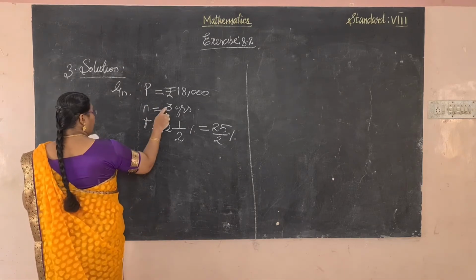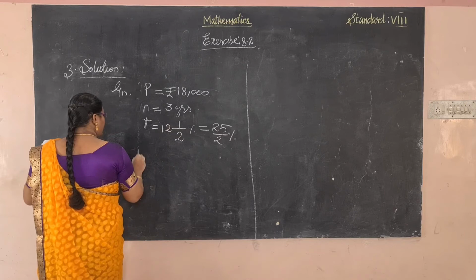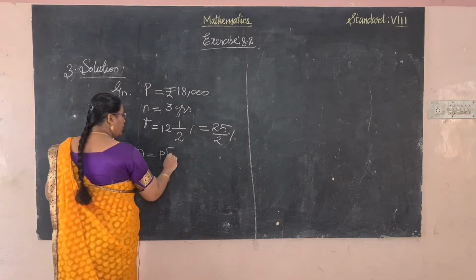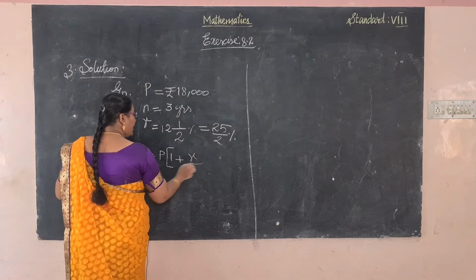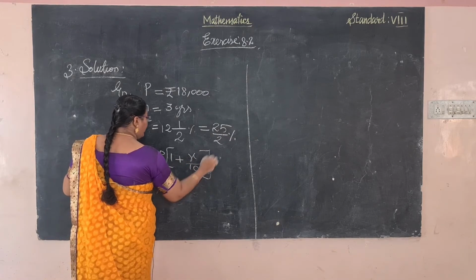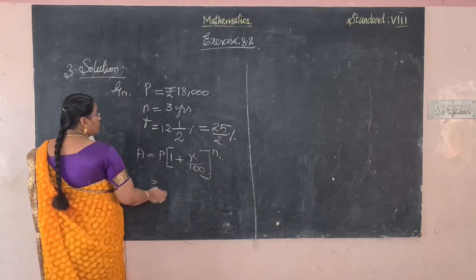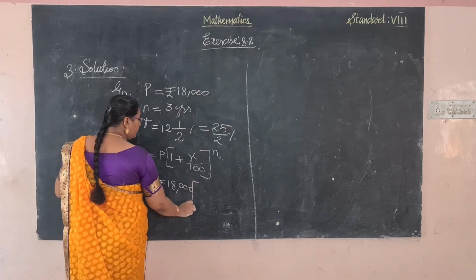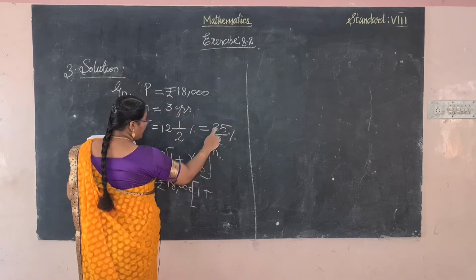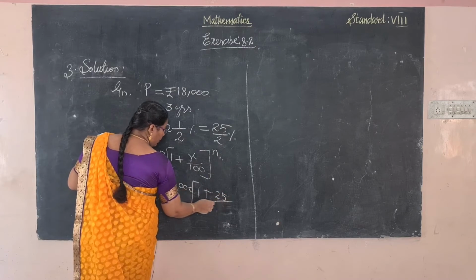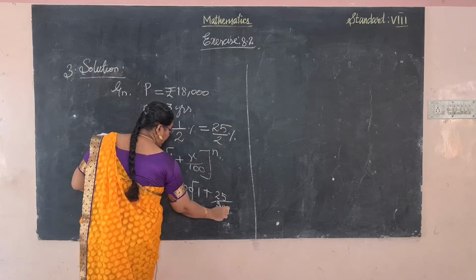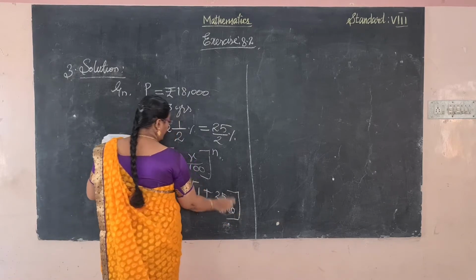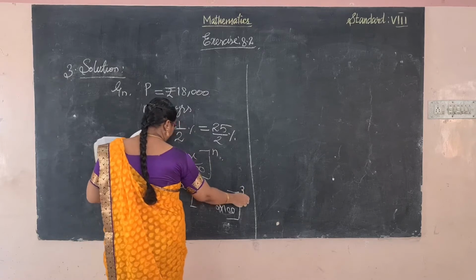What is the formula? 3 years is given, so we use the formula amount A is equal to P of 1 plus R by 100, the whole power n. Principal amount is rupees 18,000, 1 plus R value is 25/2. The denominator already has 100, the whole power n value is 3.